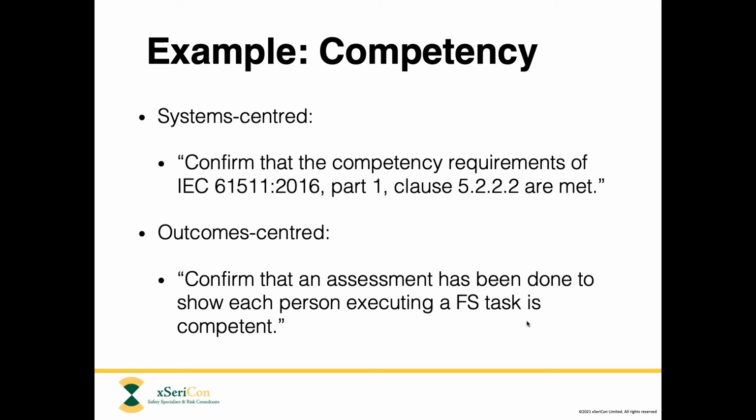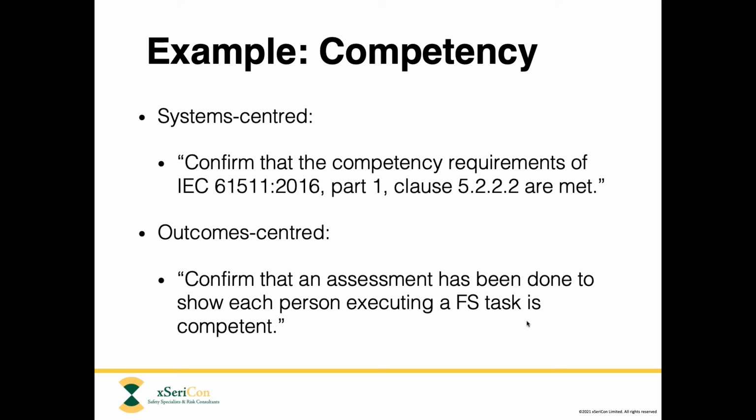That's the system-centered approach. The outcome-centered approach says, okay, I want to confirm that each person is competent. Show me how you assess it to determine the competency of each person, and let me review that to confirm that it seems like a reasonable way, that you're not cutting corners, that you're actually genuinely confirming each person is competent.